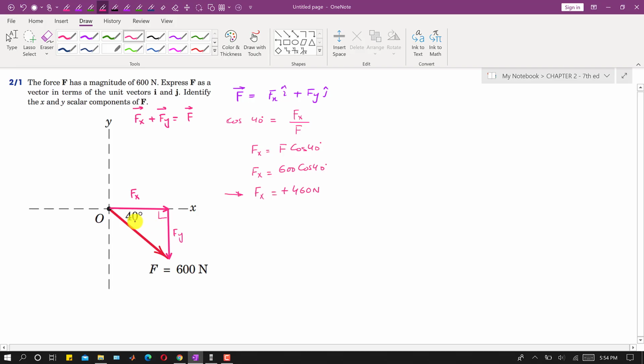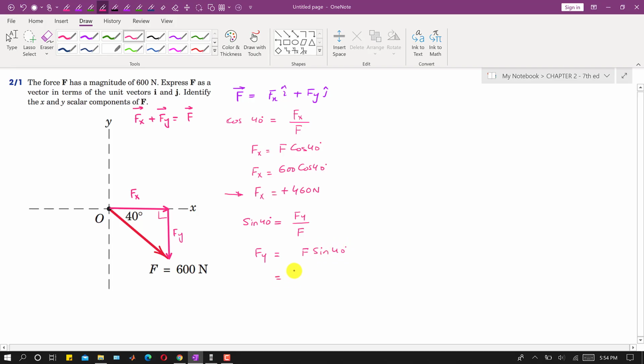Similarly, if we apply the sine of 40 to this triangle, sine of 40 will be perpendicular divided by hypotenuse. So perpendicular is Fy divided by hypotenuse, which is F. From this we can find the Fy magnitude. So Fy will be F sine of 40 degrees.